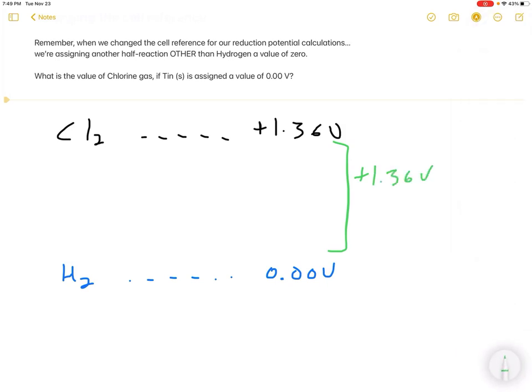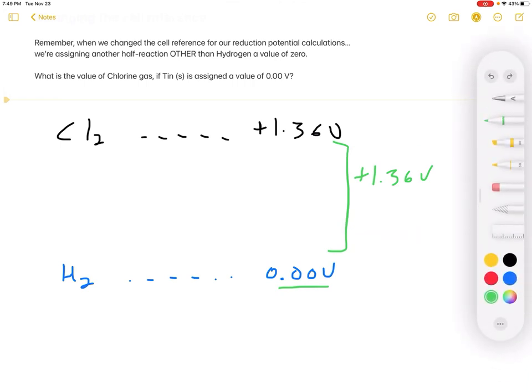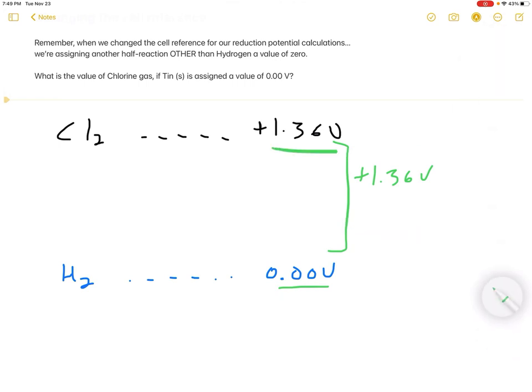Now, what happens if I change that 0 and I change, therefore, this distance over here? Well, that's going to alter our 1.36 value.